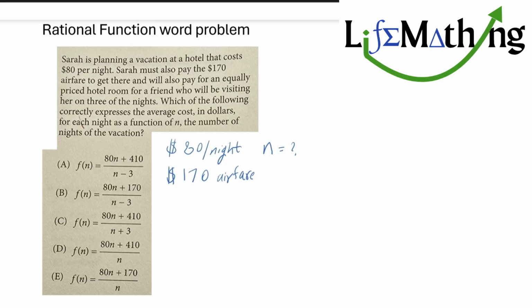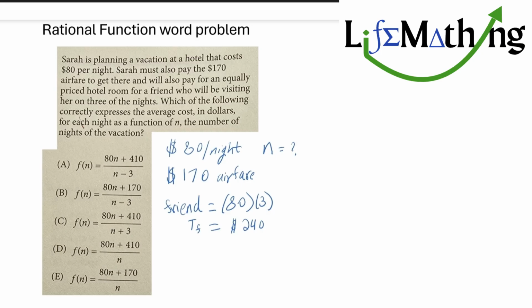So the question is, what is the total price Sarah has to pay for her friend for that 3 night stay? So that means we need to multiply 80 by 3 for the 3 nights. So the hotel cost is 80 for the 3 nights, and that will get us the total price that she's going to be spending on her friend. And that's $240 total that she has to spend on her friend.